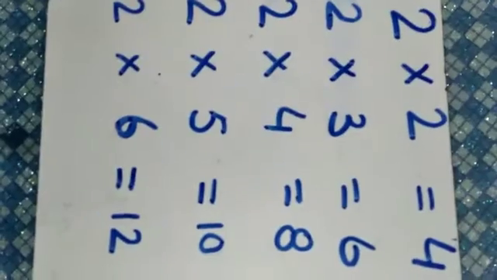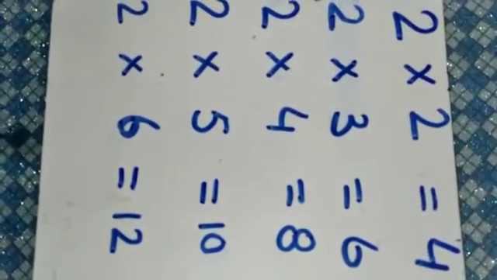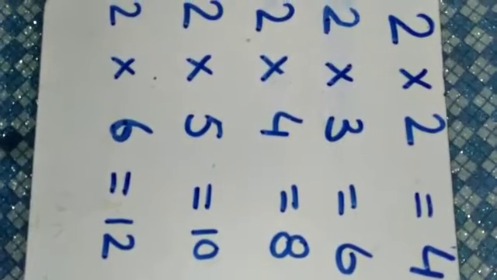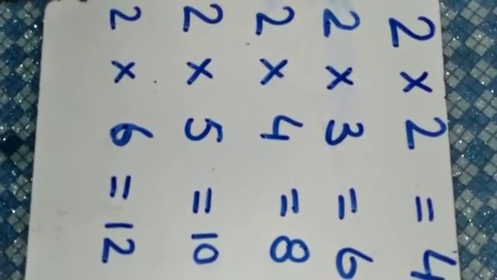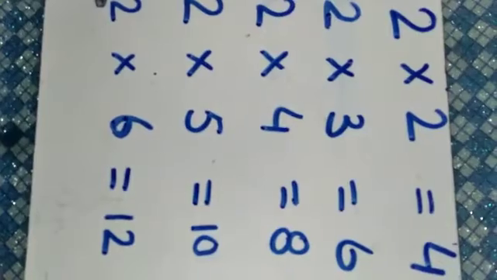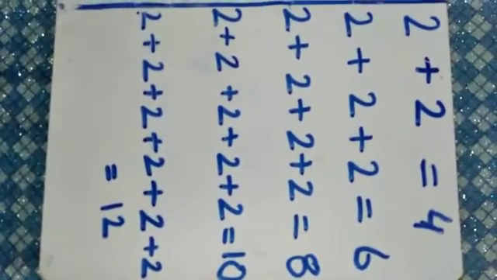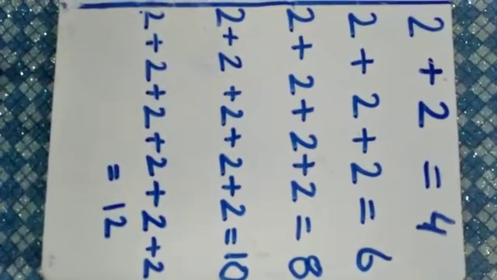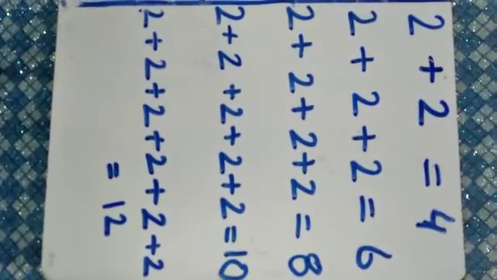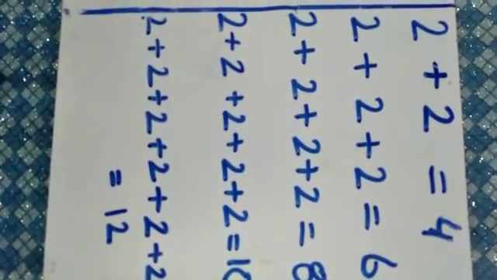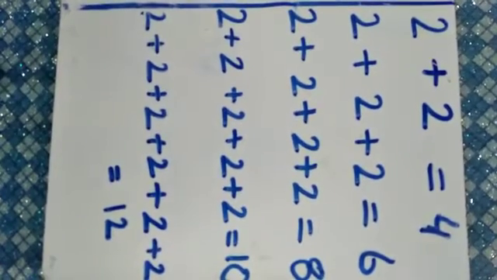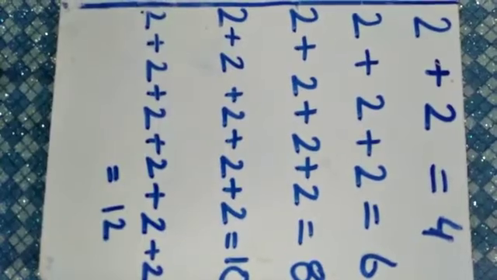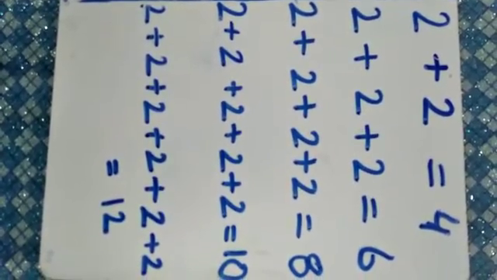So, when we say 2 multiplied by 3, 2 multiplied by 4, 2 multiplied by 5, 2 multiplied by 6, it means we are adding the number 3 times, 4 times, 5 times, 6 times and so on. This rule is used for the multiplication table of any number.